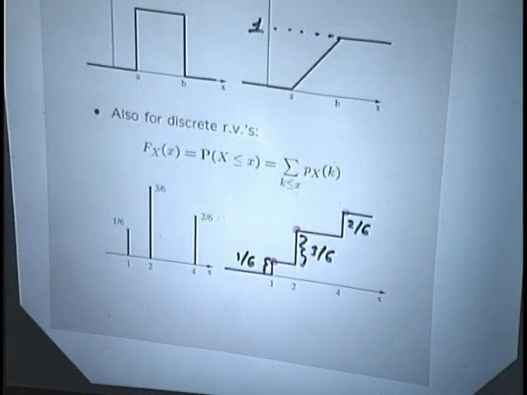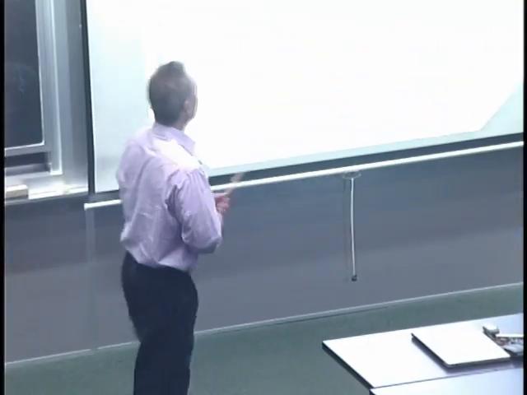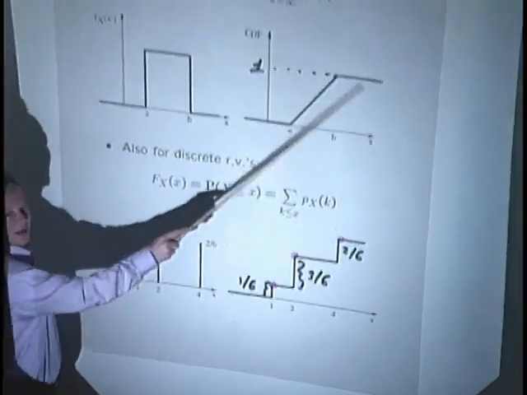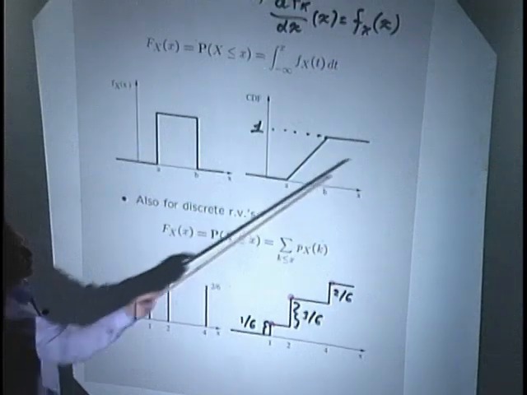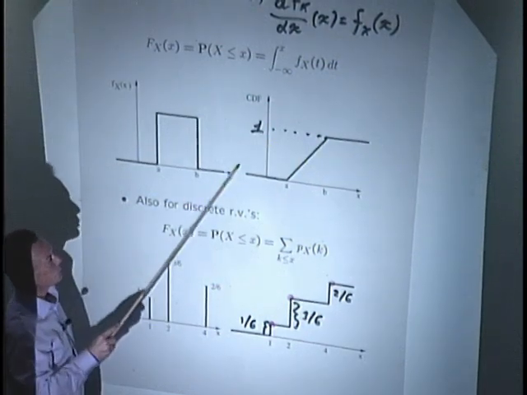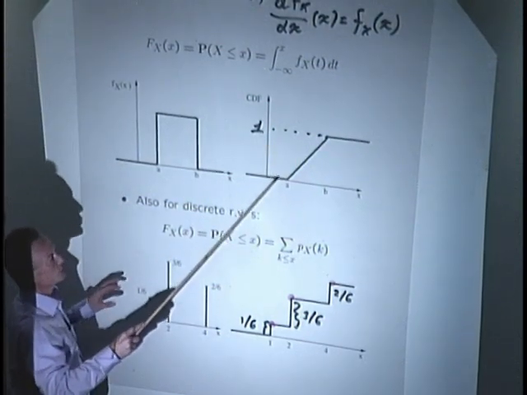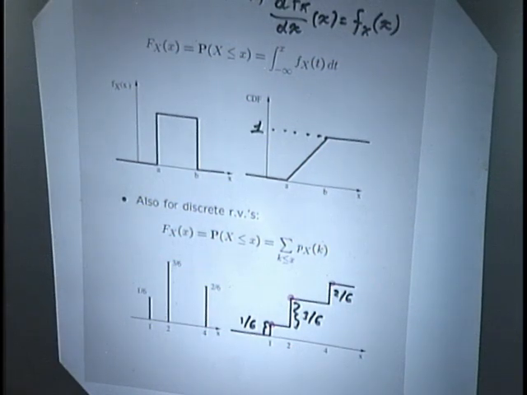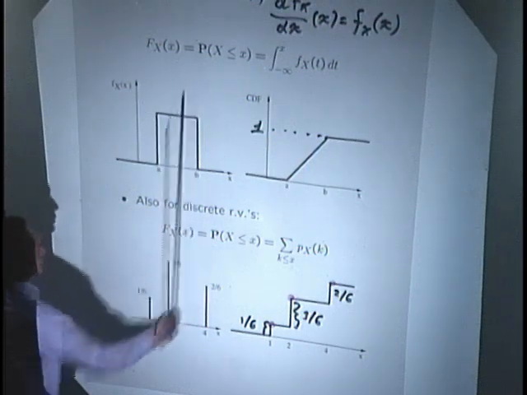General moral from these two examples and these pictures. CDFs are well defined in both cases. For the case of continuous random variables, the CDF will be a continuous function. It starts from 0, it eventually goes to 1, and goes smoothly, well, continuously, from smaller to higher values. It can only go up, it cannot go down, since we're accumulating more and more probability as we're going to the right.